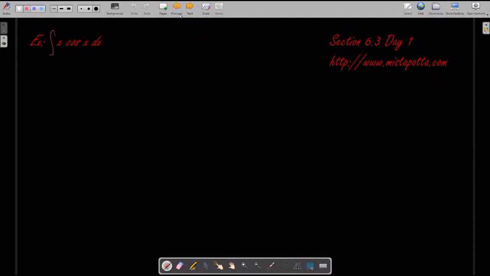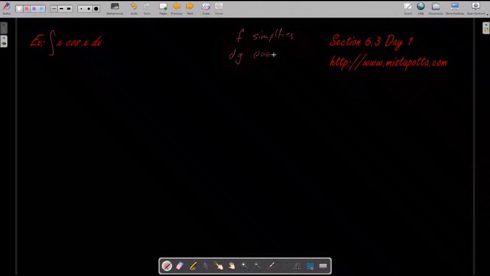I've got the integral of x times cosine x dx. And again, remember, I'm looking for an f that simplifies when I take the derivative, and a dg that's easy to integrate.